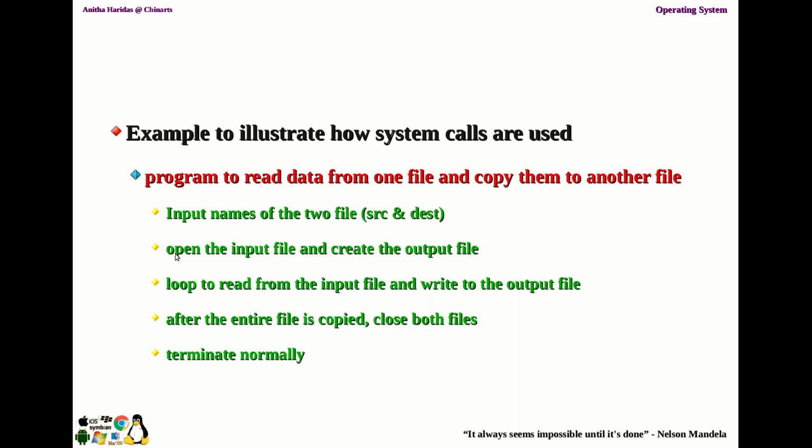Then you open the input file and then you create the output file also. Then you will have a loop to read from the input file and write to the output file. Then after the entire file is copied, you will have instructions to close both the files and then you terminate the program normally.